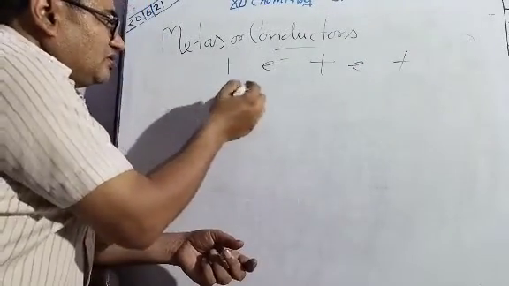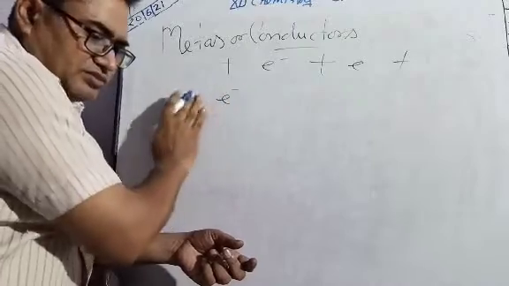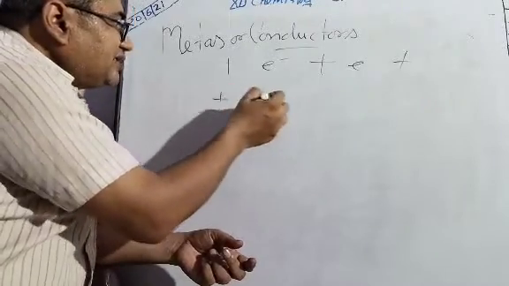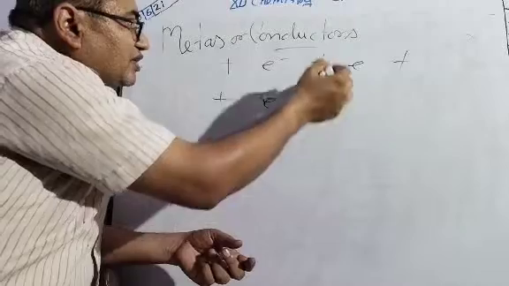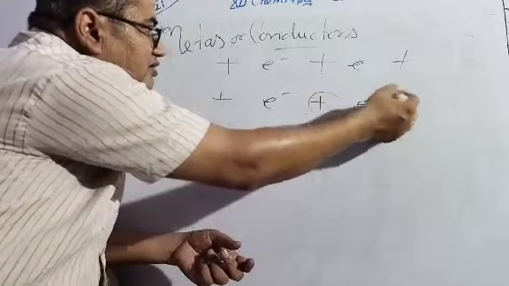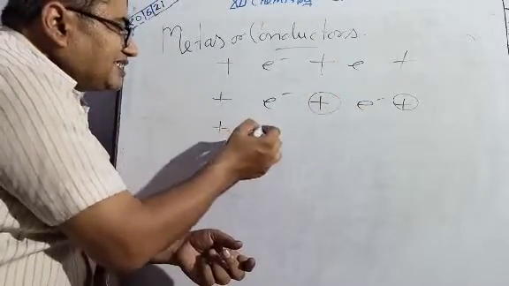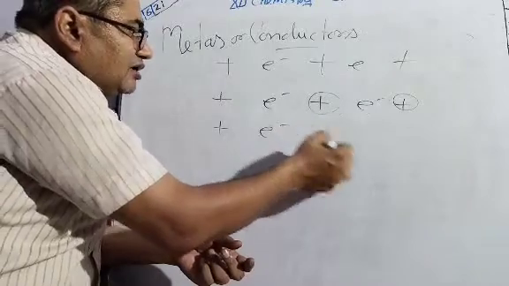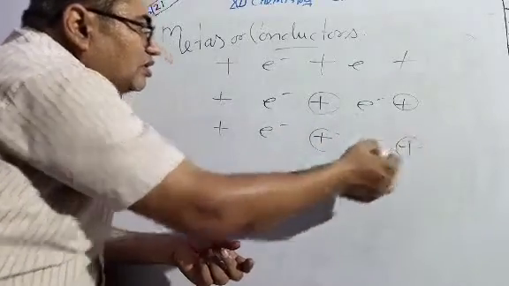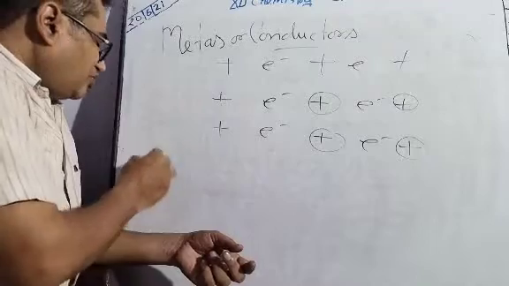This kind of arrangement is formed. This arrangement is also known as kernels spread in a sea of electrons. These electrons are free electrons.